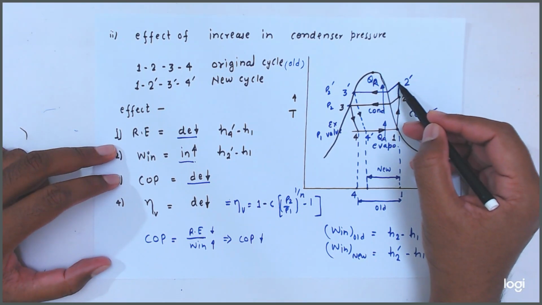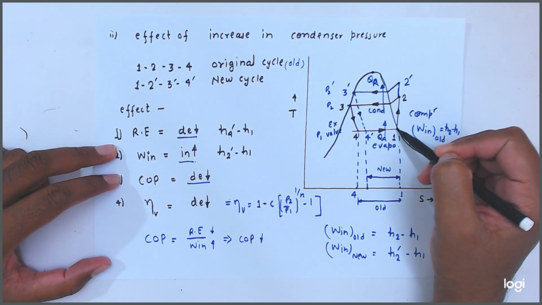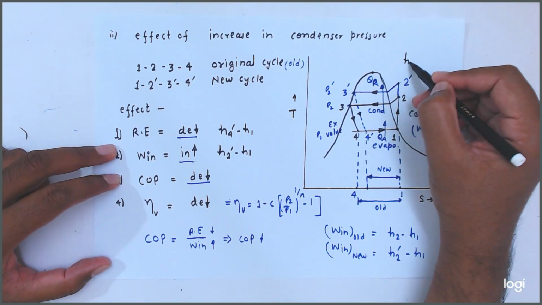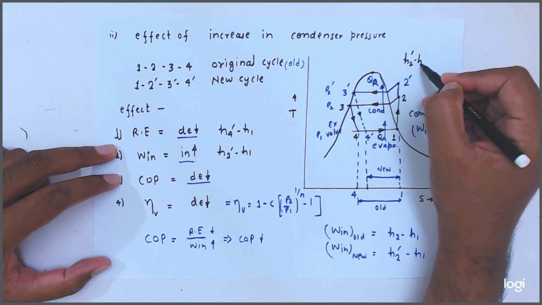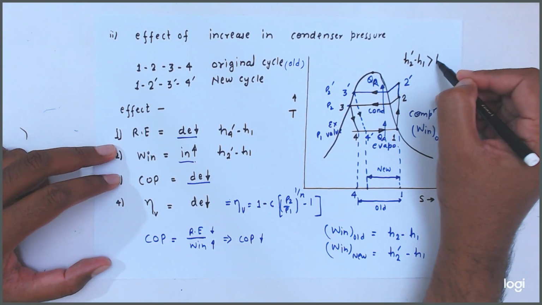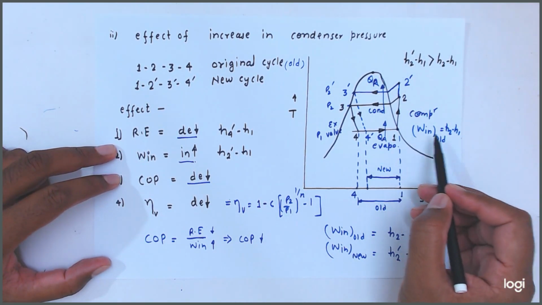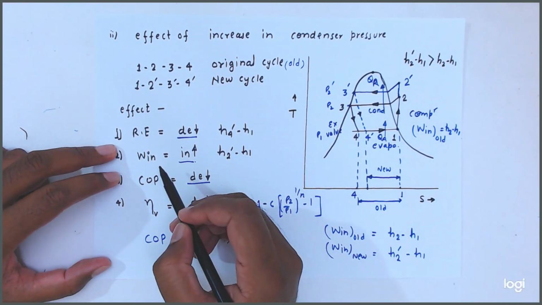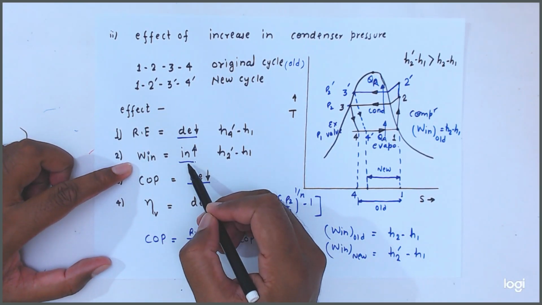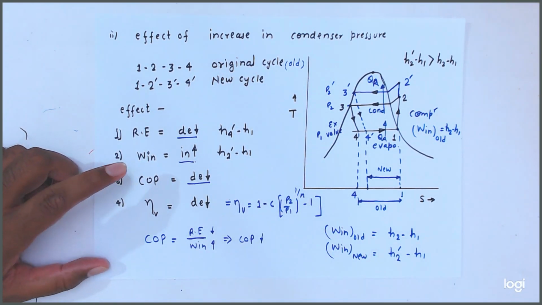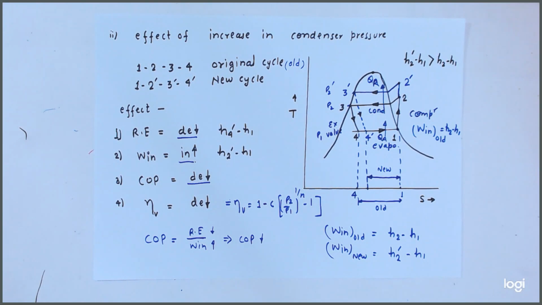So enthalpy at point 2 dash minus enthalpy at point 1 is greater than the old cycle. It means H2 dash minus H1 is greater than H2 minus H1. Okay, so what happened friends? Work input increases.